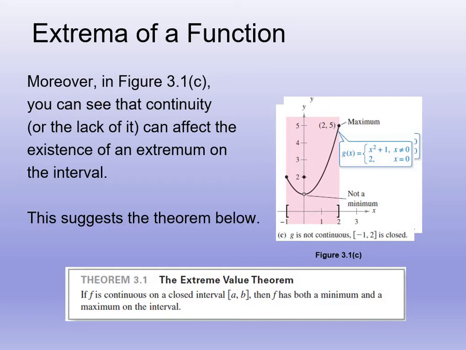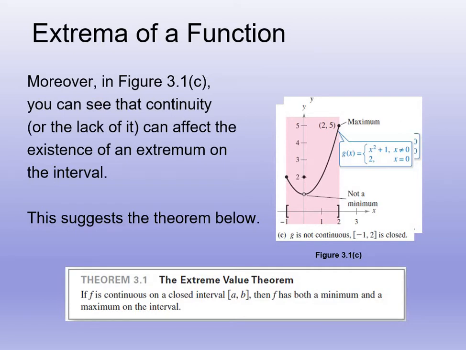We can have a maximum here, but since this function is not continuous, we only have a maximum here. We don't have that minimum because that hole is at the minimum right there, if that makes sense. So continuity really affects our maximums and our minimums. We must be continuous on the entirety of that function for it to have the minimum and the maximum on that interval.